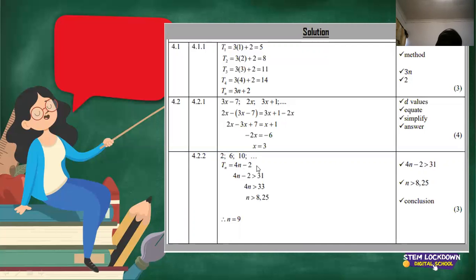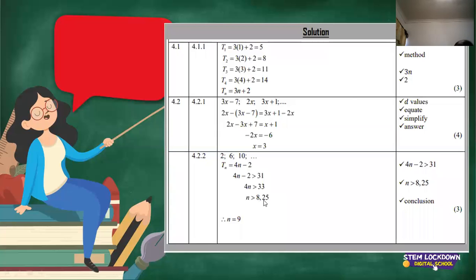To find which is the first term to be greater than 31, we say 4n minus 2 must be greater than 31, and then find the value of n. You move the 2 over, that gives 31 plus 2, which is 33. Then divide by 4, and we have n equals 8.25.